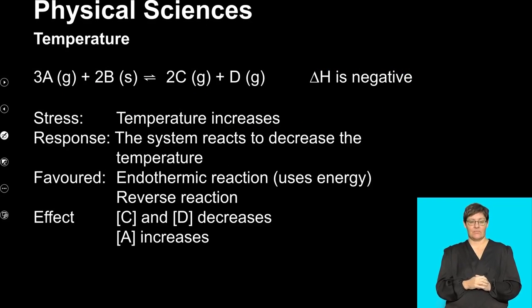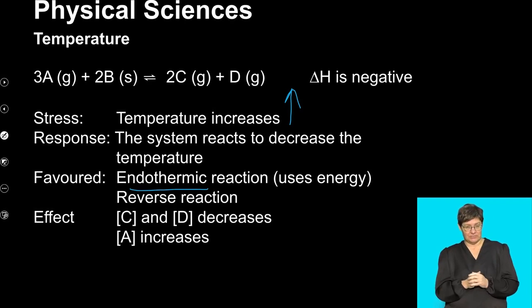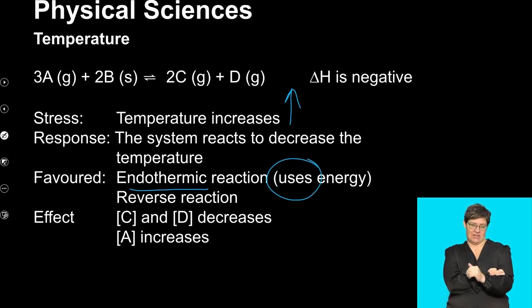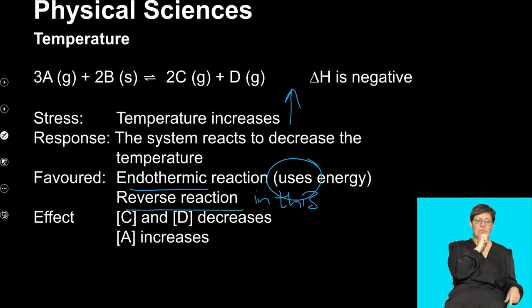So how will we answer it? The stress is an increase in temperature. What does an increase in temperature mean? That it will favor the endothermic reaction, the one that uses the energy. And in this case, it is my reverse reaction.